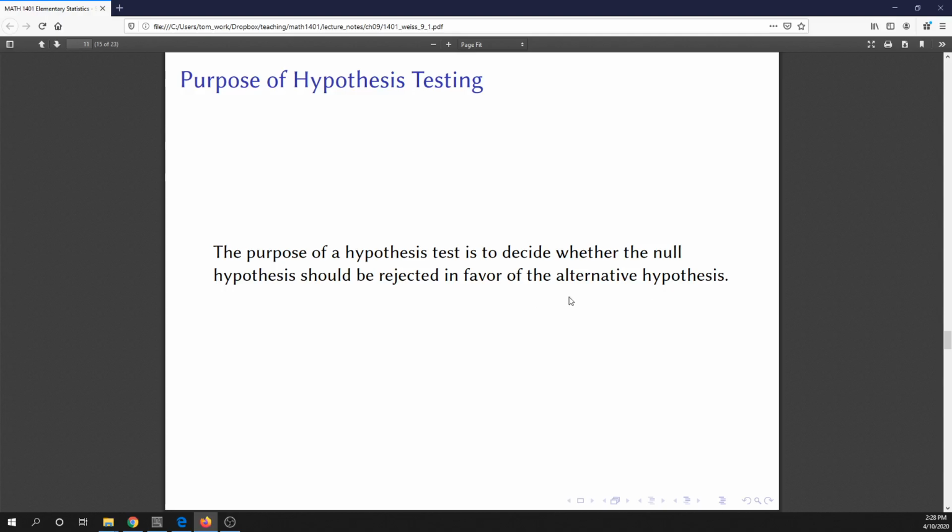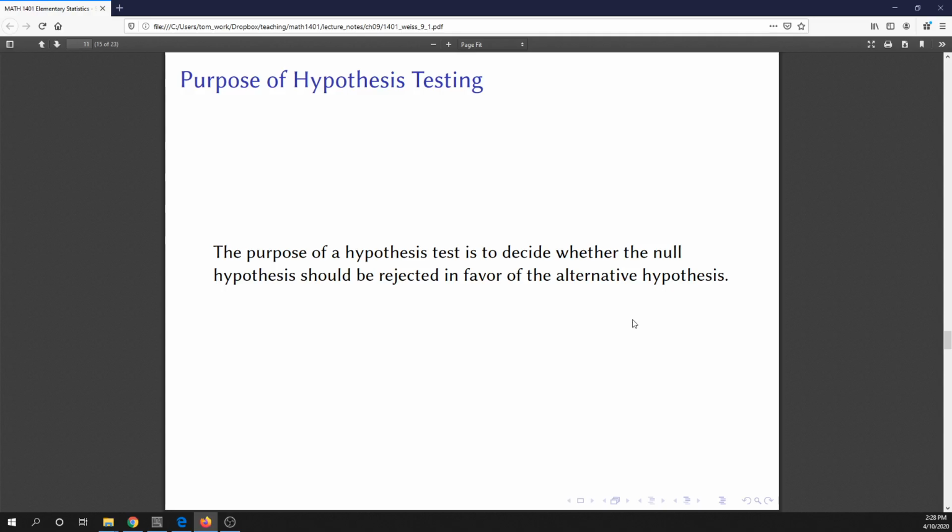Then you take the sample, and based on that sample, you decide whether to reject the null hypothesis. The sample lends evidence that the null hypothesis is not true and the alternative hypothesis is true. So that's one of the possibilities.